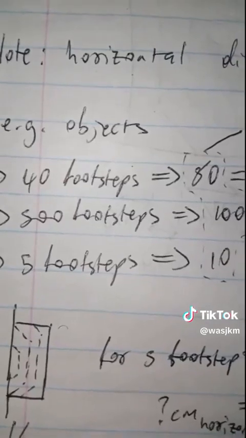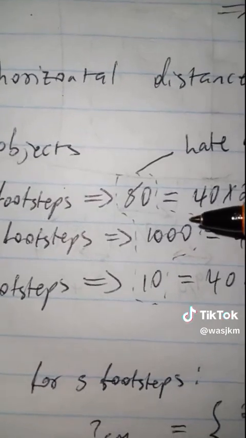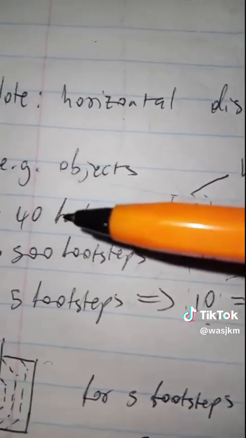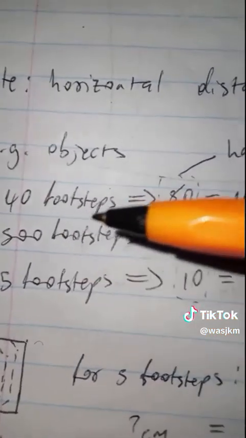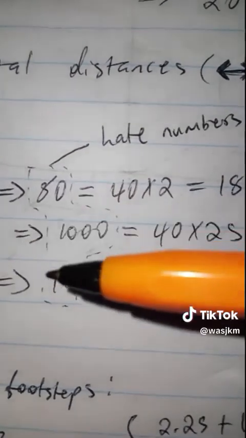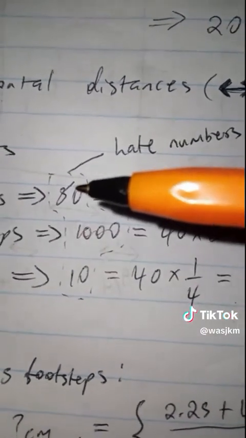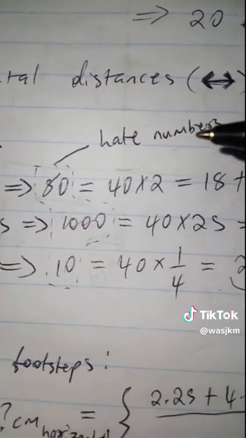The first step of this calculation is we multiply the number of footsteps by 2, and you get your height numbers.